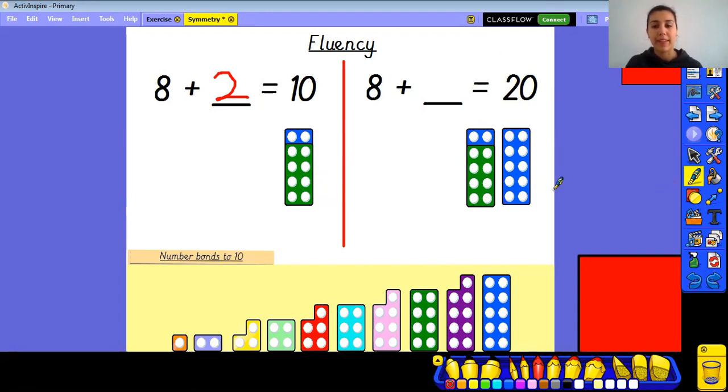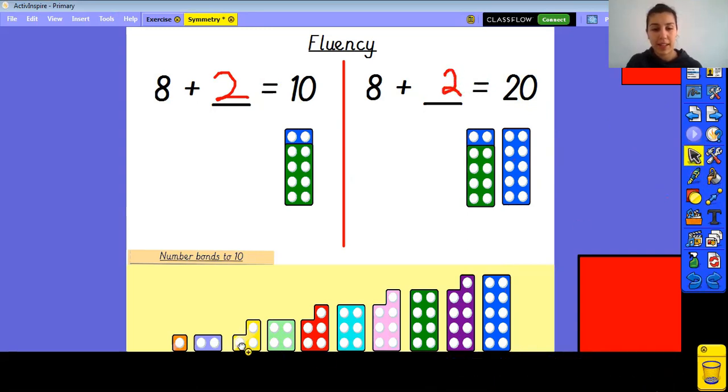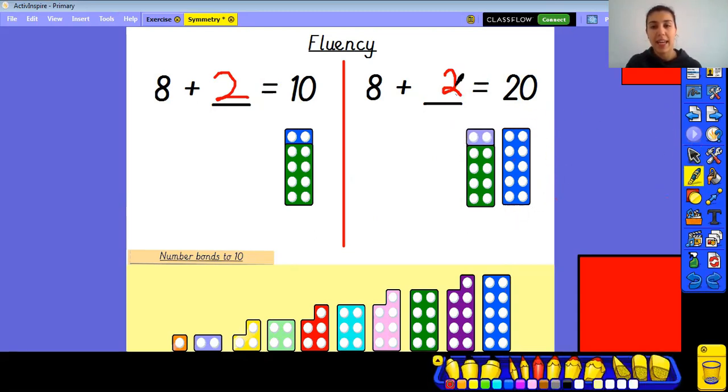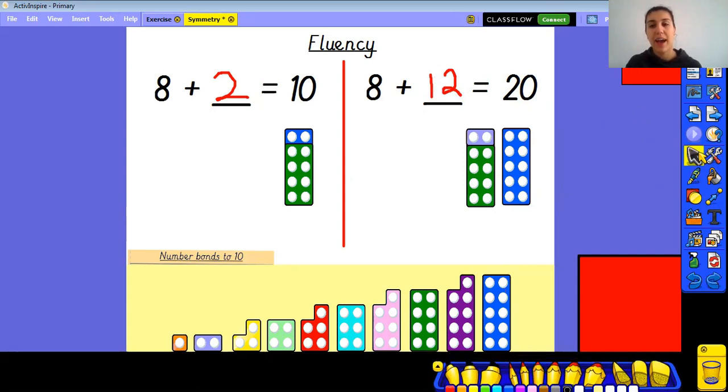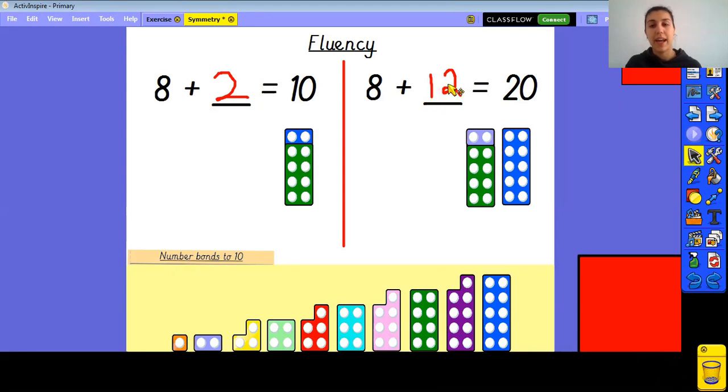So to be able to make 2 whole tens, I need to add my 2 ones to complete my whole 10. But then I've got a whole extra 10 here that I need to add. So altogether, I would need to add 1 ten and 2 ones, which would be 12.